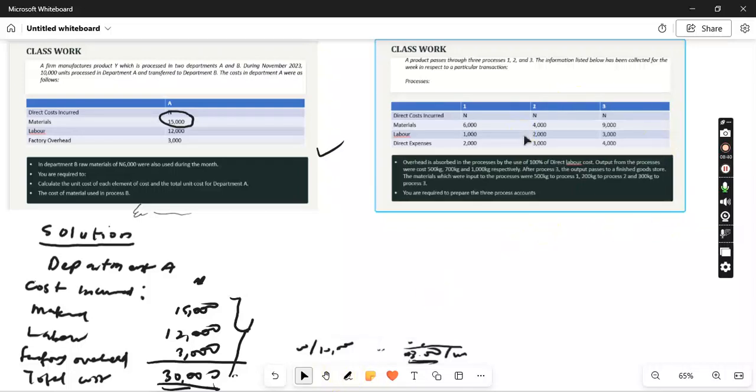Here we have the information listed below that has been collected for the week in respect of a particular transaction. Let me just scroll that up.